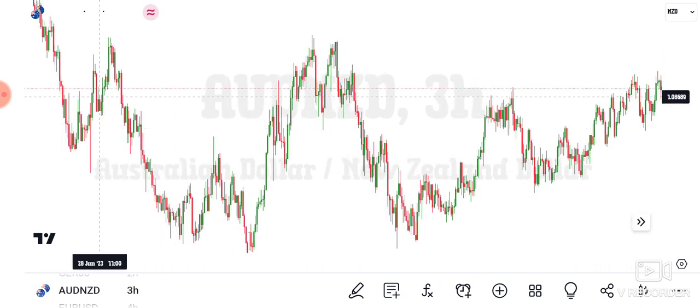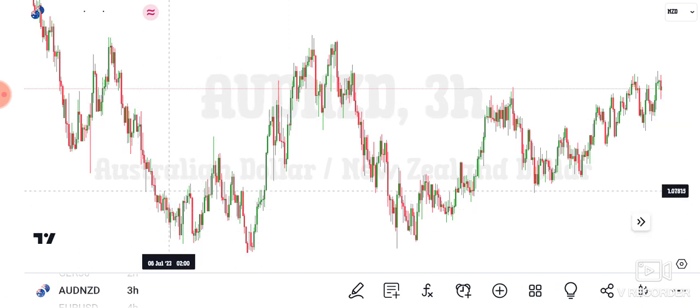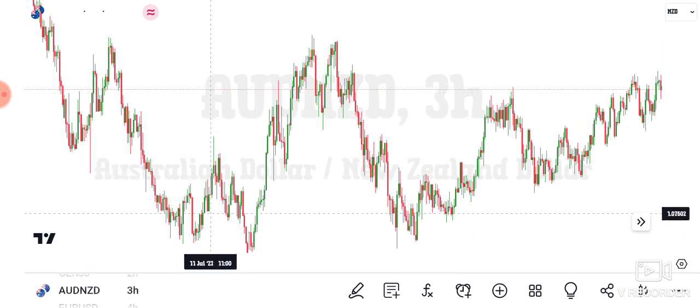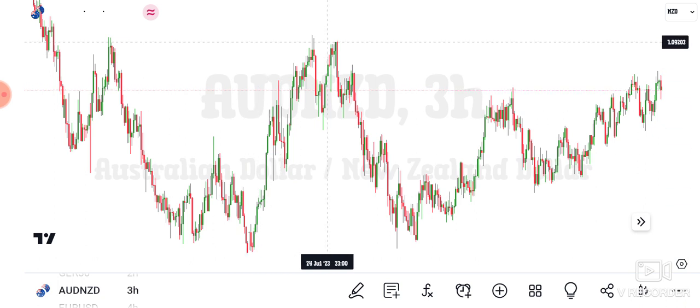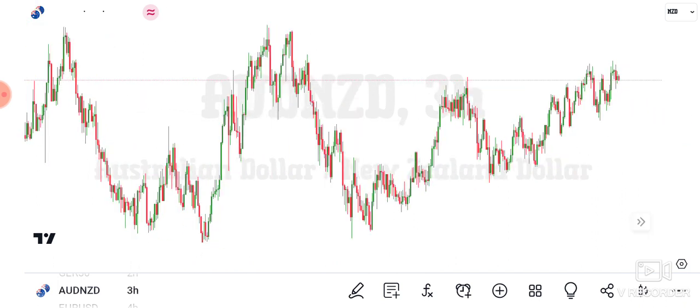We had a low, high, low, high, high, then a lower low, now breaking the previous high, hence creating a QML.